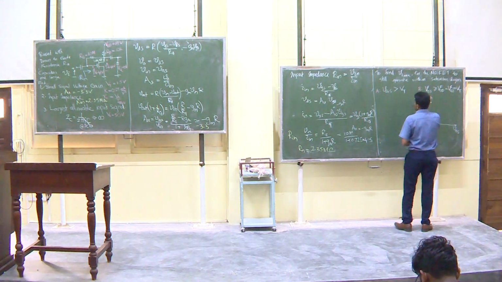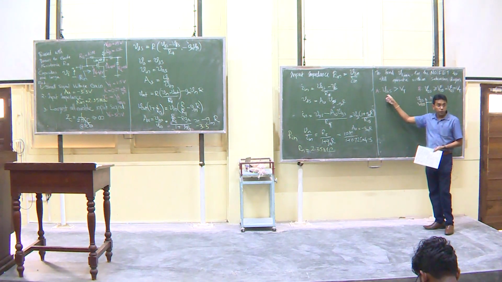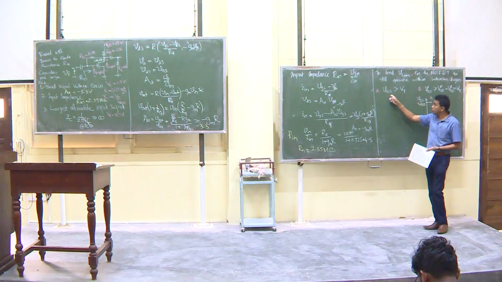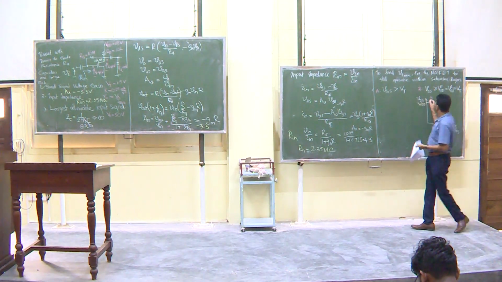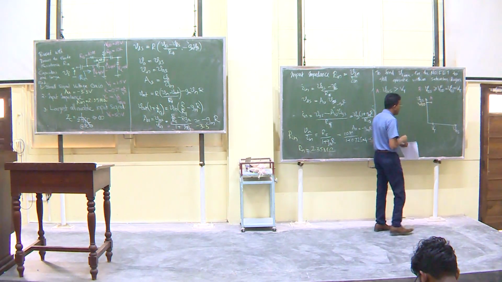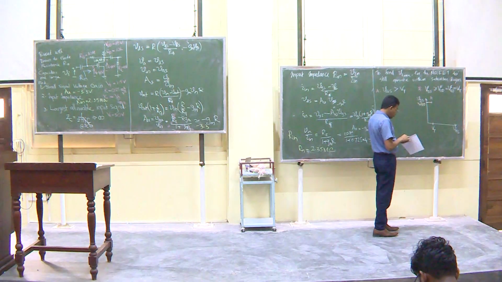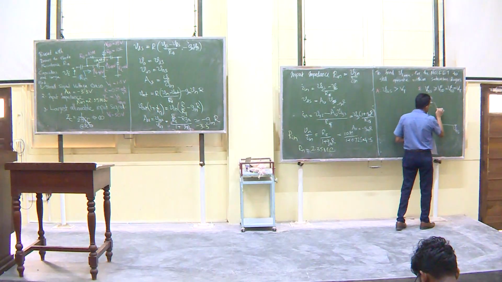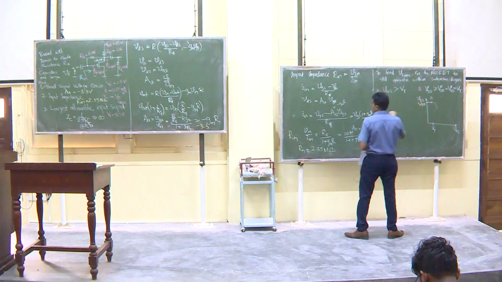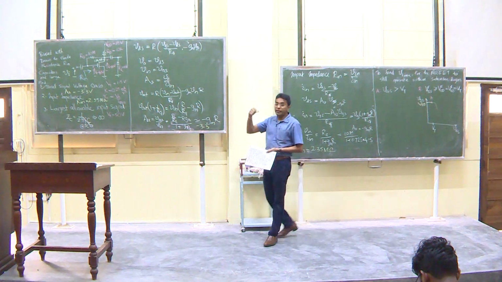That's the point A. In order for it to be in saturation, VGS has to be greater than VT. And after that, the curve goes through the V overdrive squared.